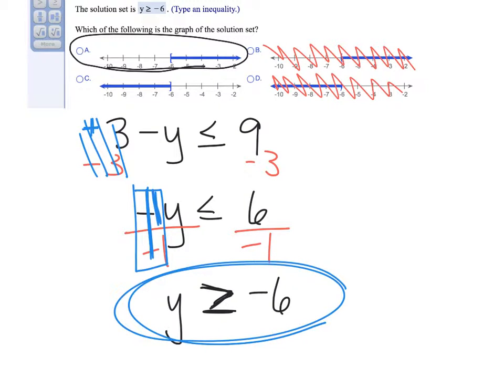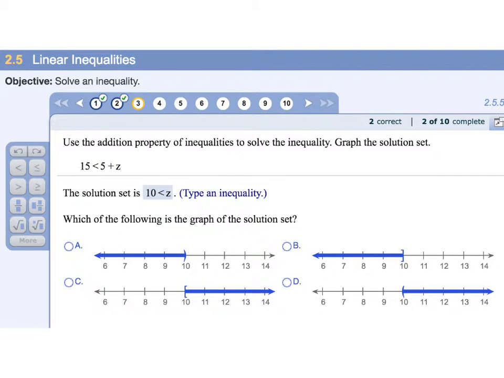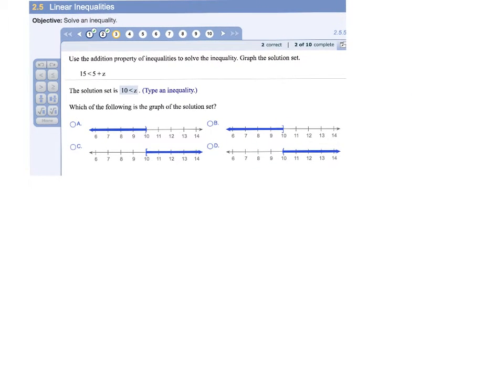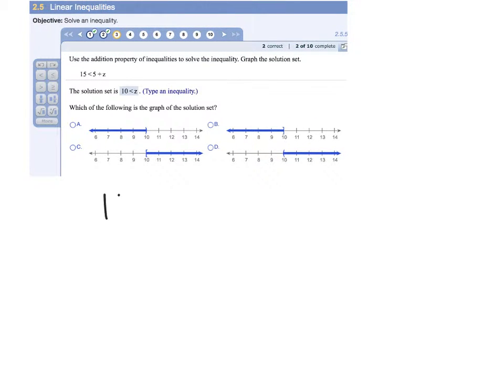The other thing I want to point out, just like the equations that we were solving, I'm trying to line up everything by that symbol just to keep everything nice and neat. So we've got 15 is less than 5 plus z.